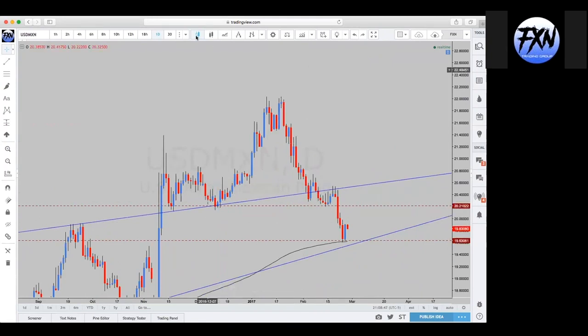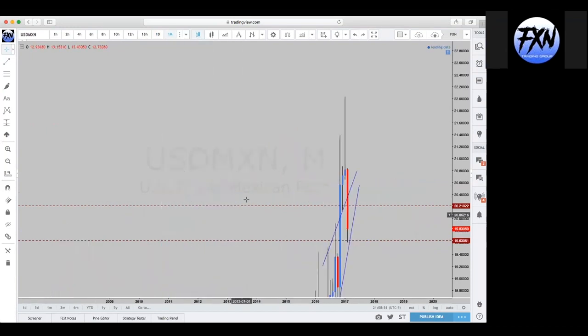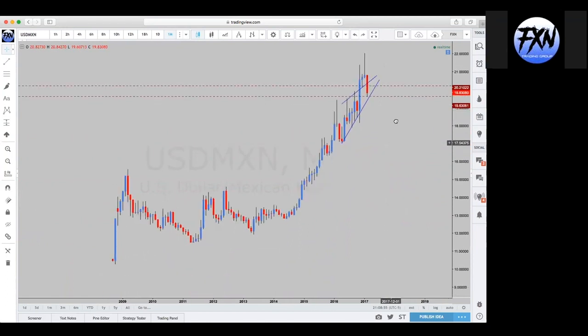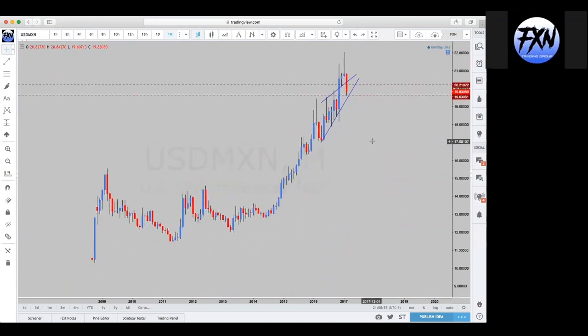First thing you should know about USD Mexico is that if we look at it from the monthly chart, this is the entire currency since the beginning of 2009, right?